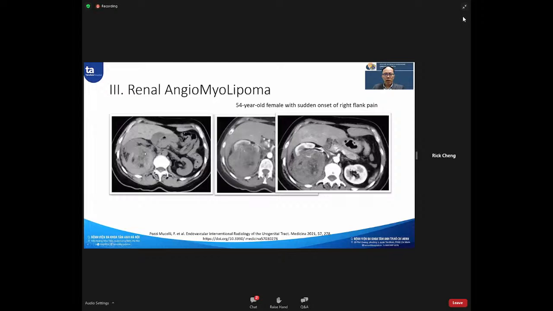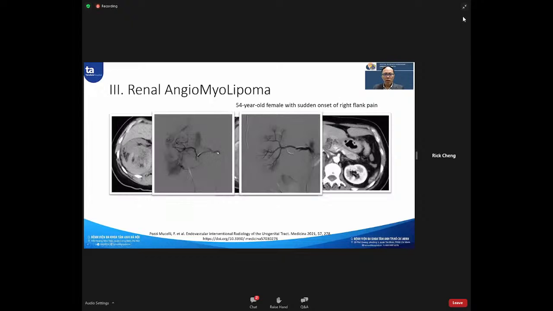And another case, a very huge AML on the right side. You see it on CT with contrast, and maybe a small aneurysm and the feeding vessel here. On the angiogram, you see the big hypervascularity with maybe a small aneurysm, and you embolize with particles and coils, cutting off the main branch supplying the AML.